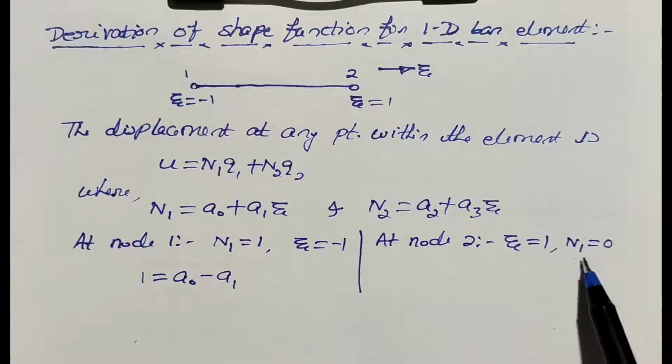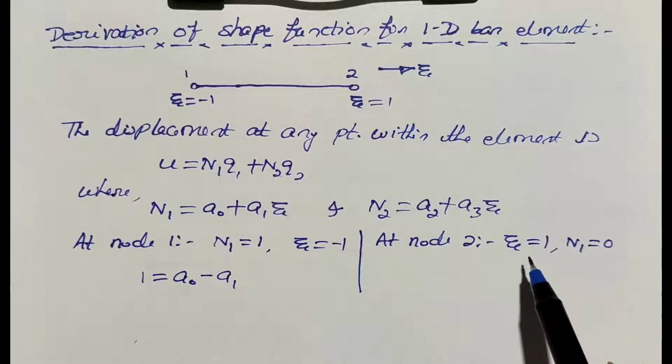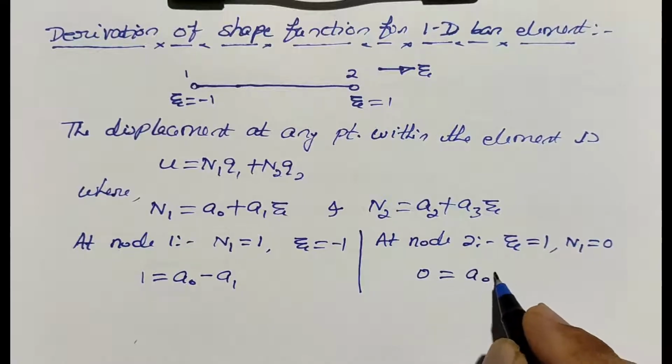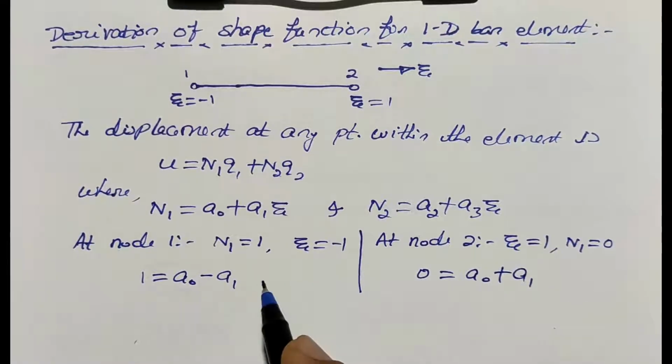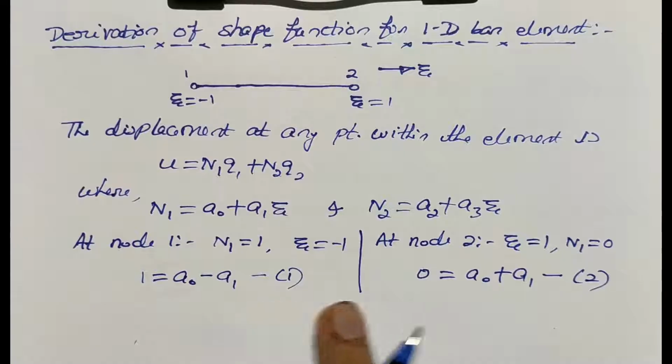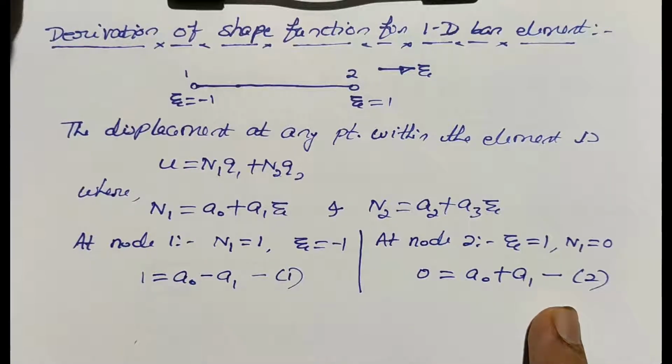This is because of the properties of shape function, that is, the value of shape function will be equal to 1 at their corresponding nodes and 0 at all other nodes. So if I substitute this value in this equation, I will get 0 is equal to A0 plus A1. Now I will take this equation as 1, this equation as 2. So if I solve equation 1 and 2, I will get the value of A0 and A1.